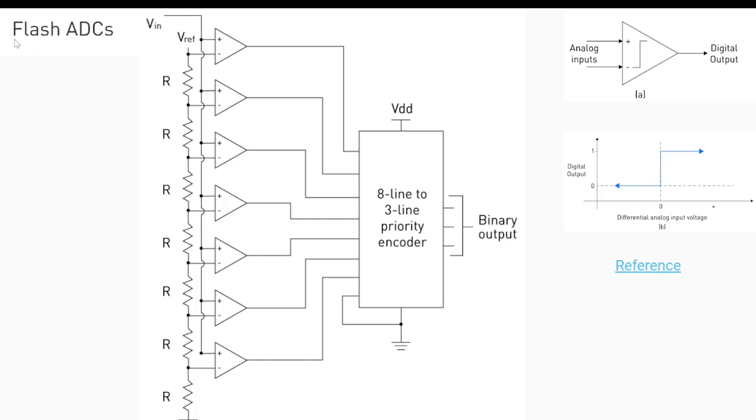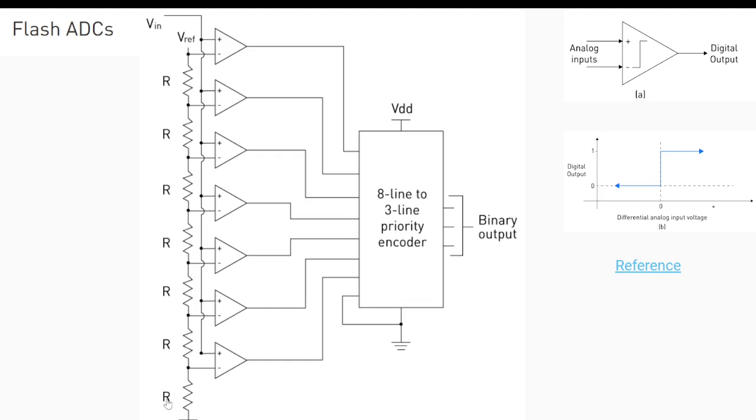So this is how the internal workings of a flash ADC look. In a flash ADC, Vin comes in here, and again, as you can see, these op amps are used as comparators. So the voltage output here is going to be 0 or 1, right? And these resistors are connected with the reference voltage. So this has the maximum reference voltage, whatever we set, and this has less compared to this, because we have different references at the negative or inverting input of each operational amplifier.